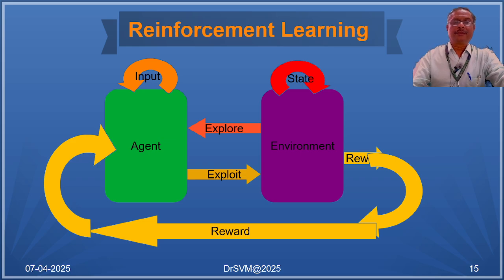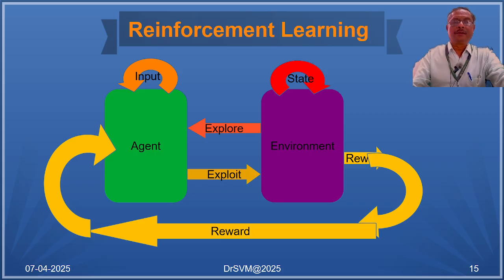So first the agent will explore the environment, and then get new inputs and then exploit the environment. When the agent exploits the environment, it changes its state, and once the state is changed, a proper reward is produced, which is fed back.